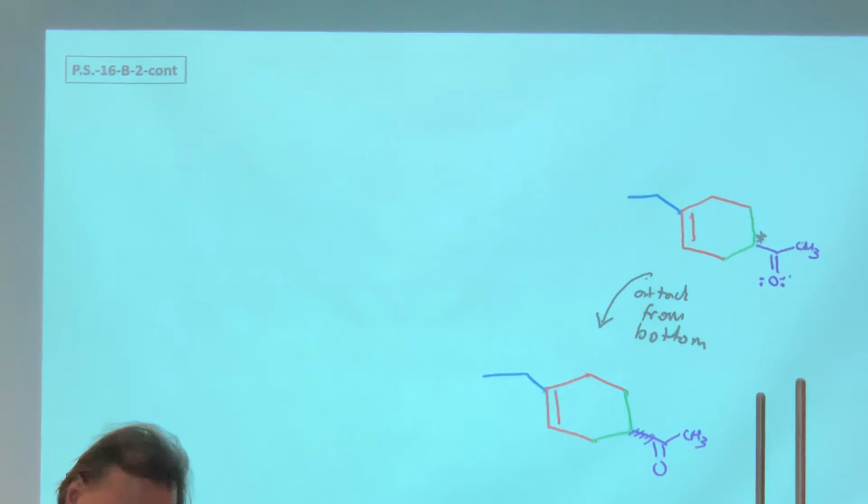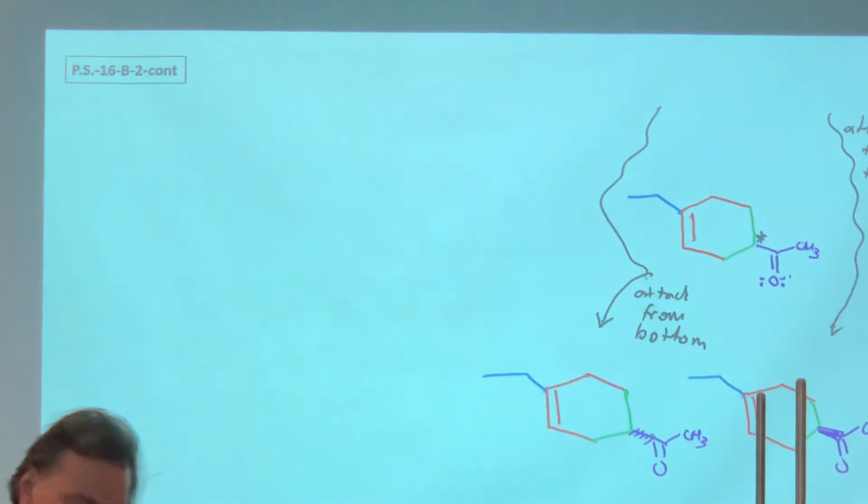Technically speaking, when I say attack, the attack was from the previous structures, which is the previous slide, okay? And if the attack happened from the top, then you have this, and the green one here is going to be a wedge. Okay? And then blue is not.